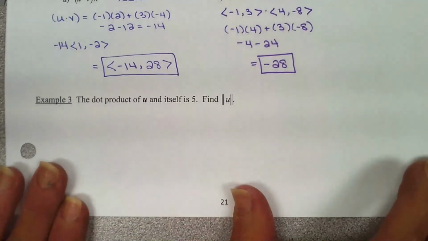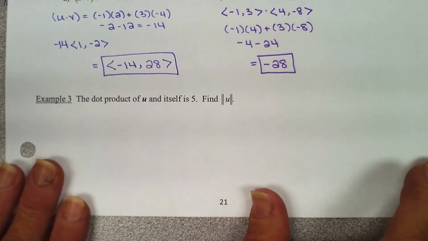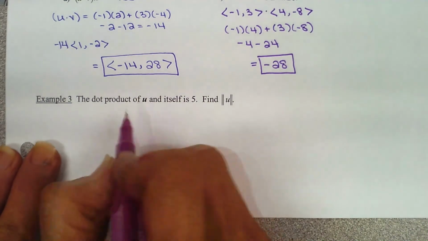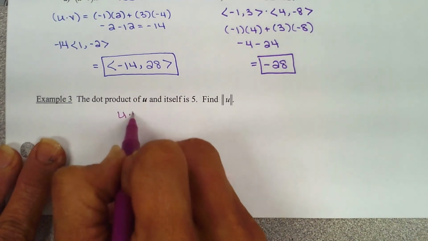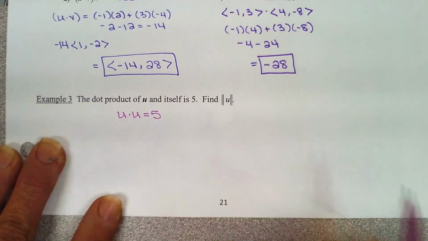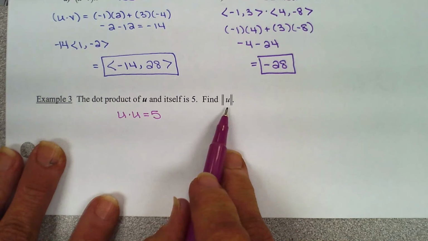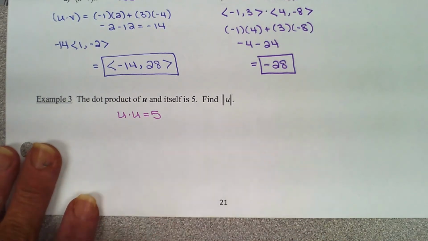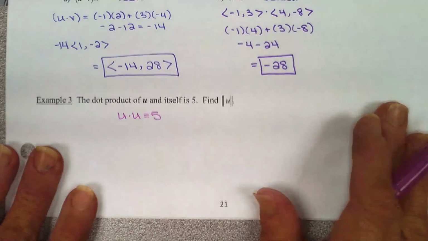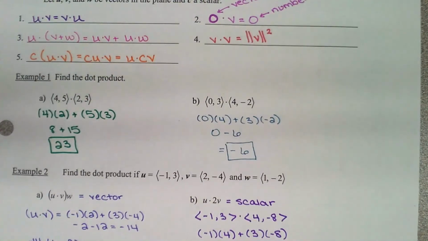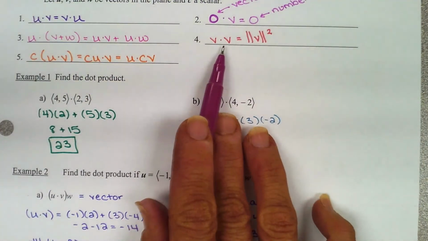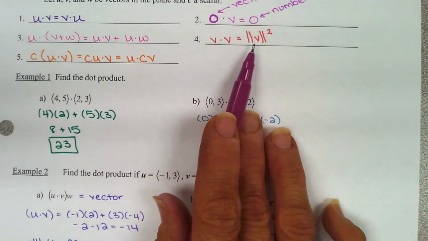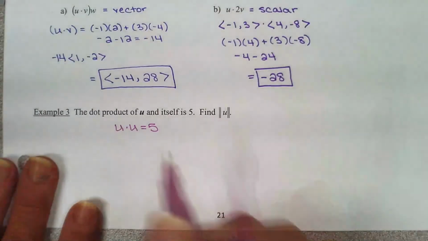All right, example 3. The dot product of u and itself is 5. So this first part here is telling us that u dot u is 5. We're supposed to find the magnitude of u. This is where we're going to use that property we had up above, number 4, the only one you really need to stick in your memory bank: a vector dotted with itself is its magnitude squared.